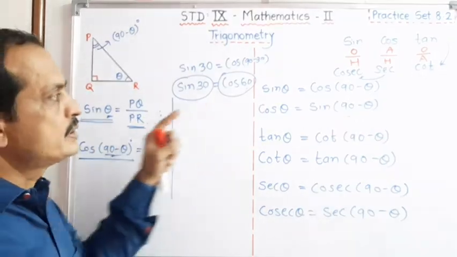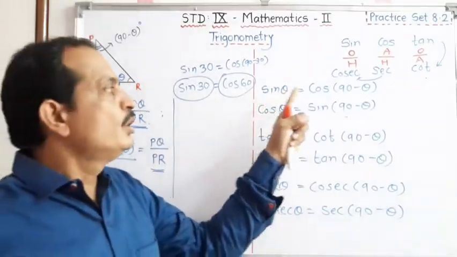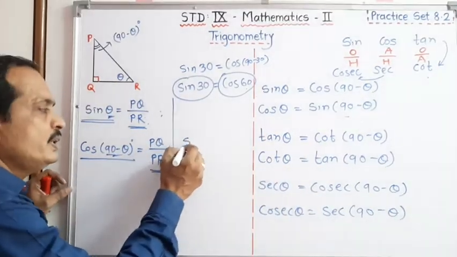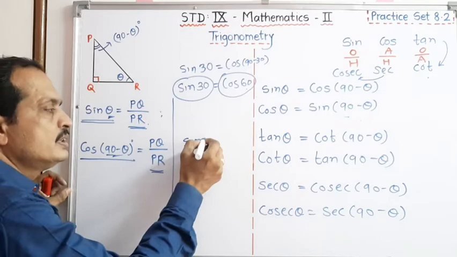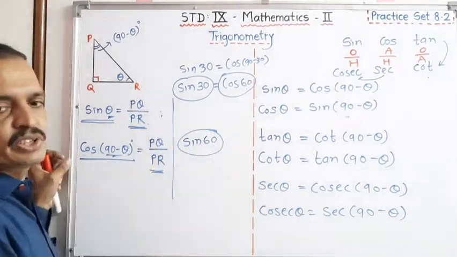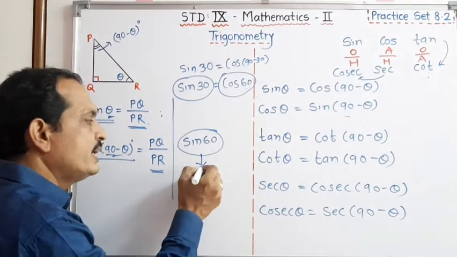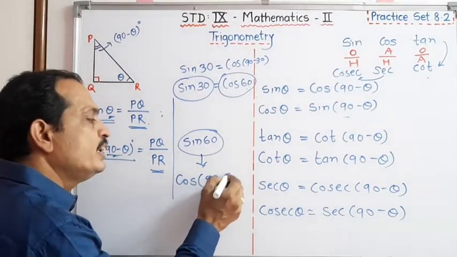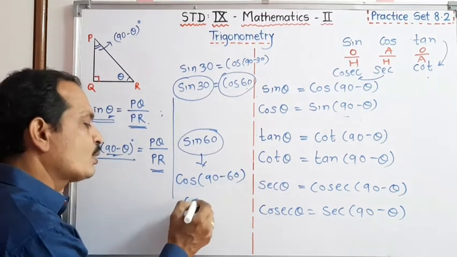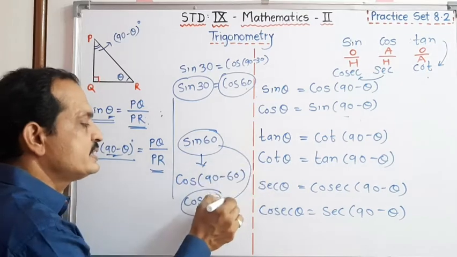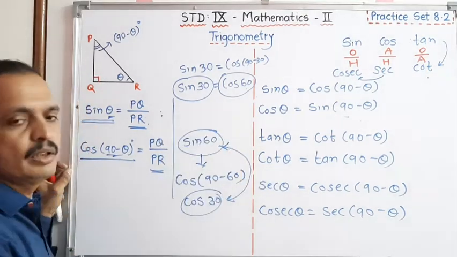If in a sum there is a sin 60, we can convert sin into cos. We write cos 90 minus 60, which means cos 30 degree. Therefore sin 60 and cos 30 both are the same.